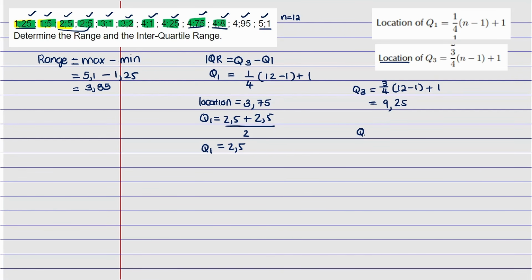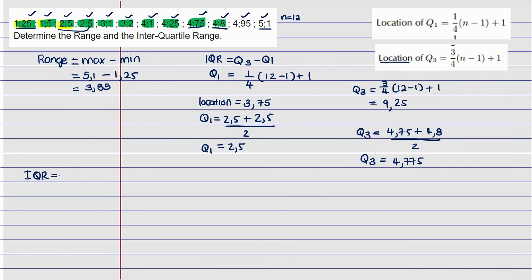So Q3 is equal to 4.75 plus 4.8, divided by 2. So Q3 is equal to 4.775, right?